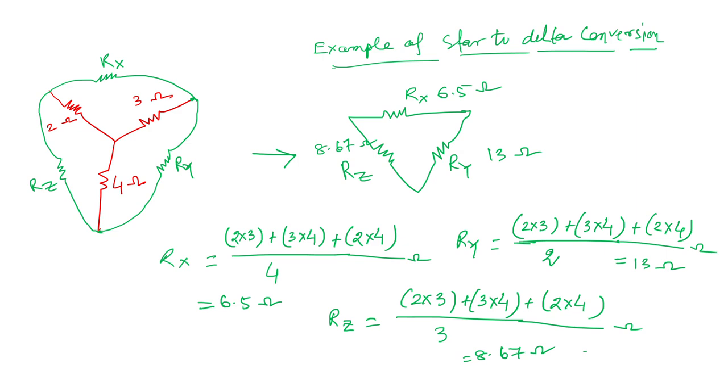Just keep this thing in mind, remember. Okay, you can easily find out. 3 into 2 is 6, 12. Okay, so this is your star to delta.